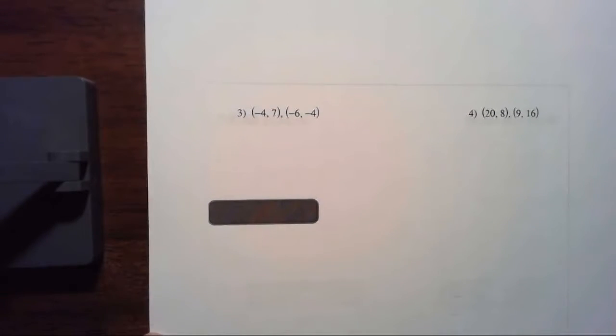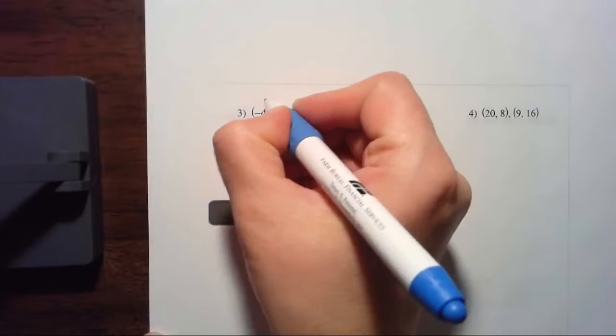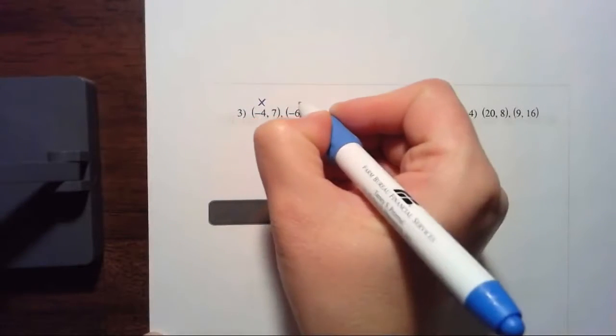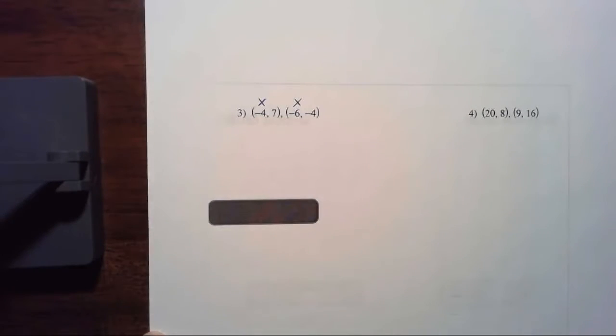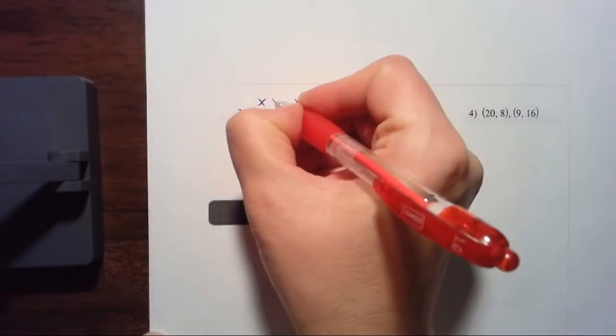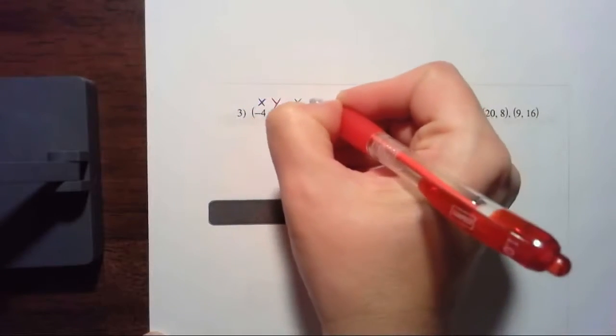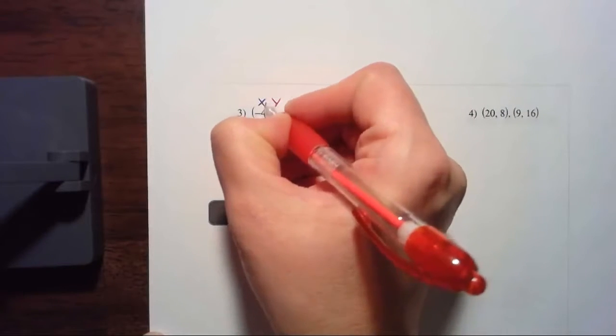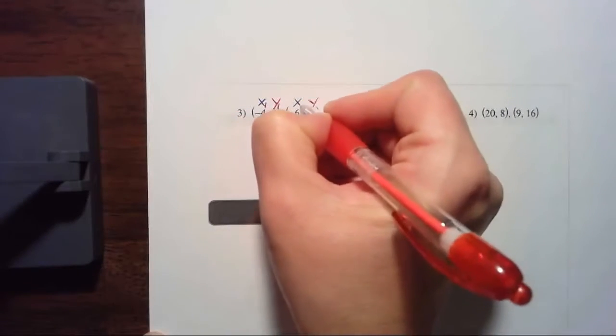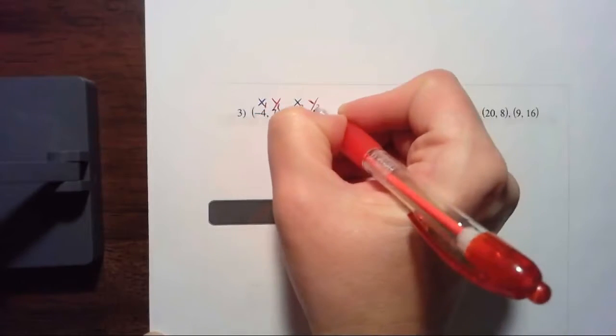I'll do the same thing I did with the others, so I will write my x's. My x is always the first number in my coordinate set. My y, I'll change the color. I don't know if you guys will see the different colors, but it's my second number. I'm going to call this x1, this is my point 1, and this is point 2.